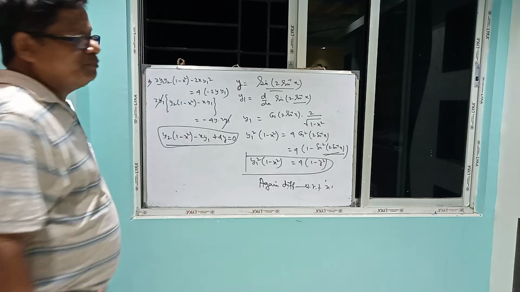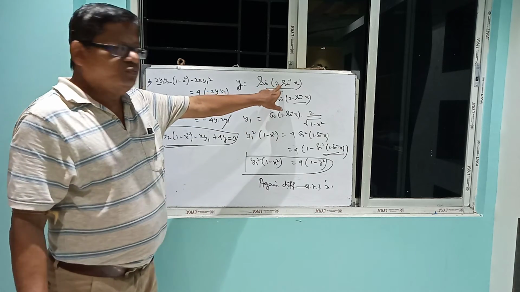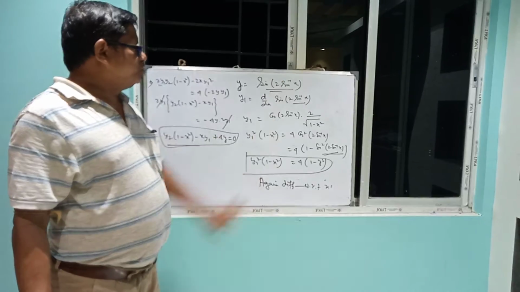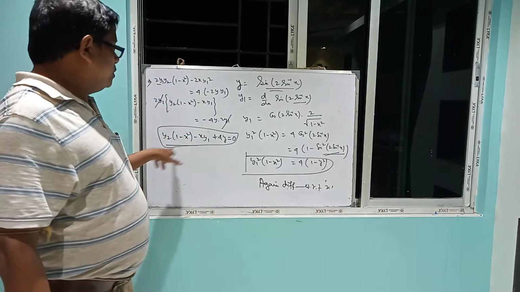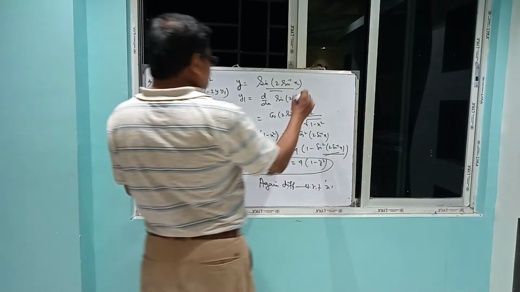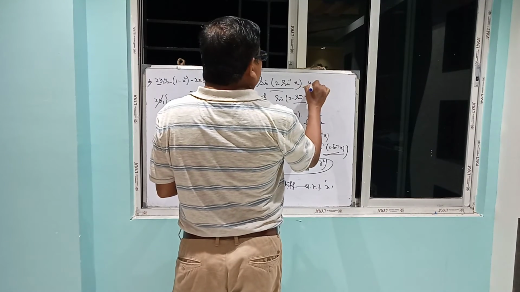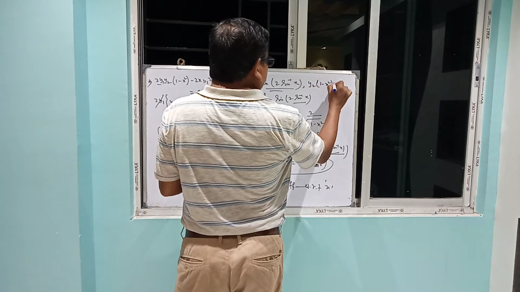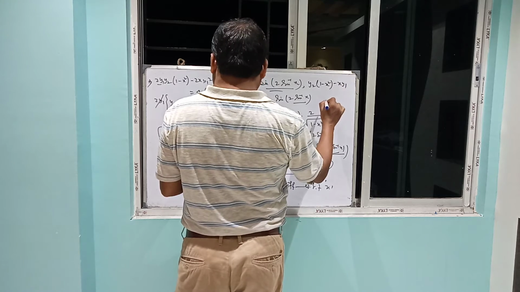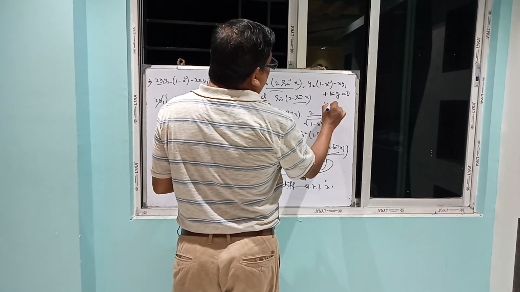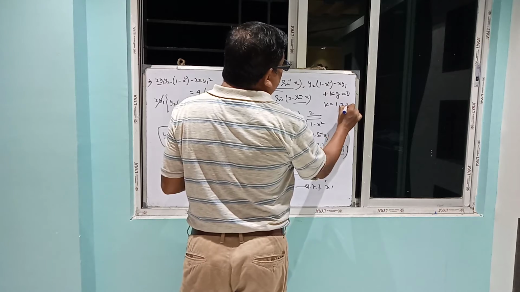Now for an MCQ type question, the question will be like that. See, y equals this is given, then y2 into (1 minus x square) minus x y1 plus k y equals 0. The value of k equals 1, 2, 3, 4 is like that.